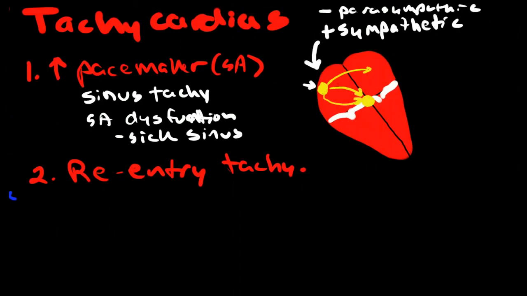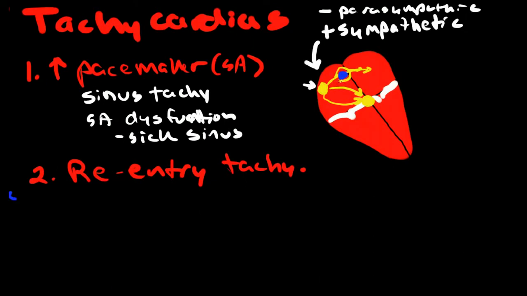But if we have something that disrupts this pathway, you know, if we've got some kind of scar tissue or something slows or blocks that tissue, what happens is the action potential is going to travel around it, which is fine.